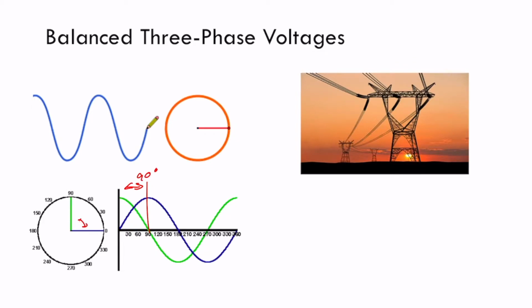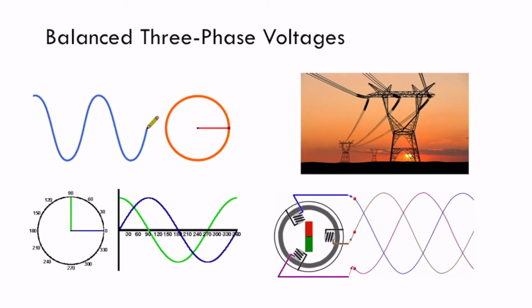You can also have the representation here. Let's say at time 0, you see how the projection is this value, and at time 0 the projection of the other is this value. As time passes, omega t is rotating, and the projections are different. So we can have two of them in the same wire, or even three of them.